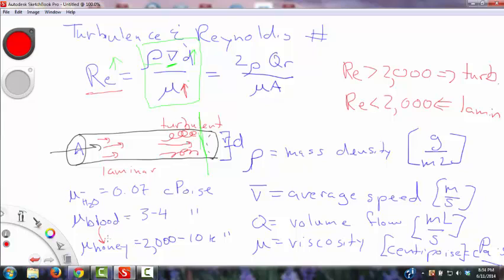The way that can happen is if you get a little bit dehydrated, you could lose some of the water in your blood through sweat, and you would leave behind all the proteins and all that sort of thing. So you can get this mu going up. If mu goes up, the denominator gets bigger, so the Reynolds number goes down. You're actually more likely to have laminar flow. You might have some other problems, but you're less likely to have turbulent flow problems.